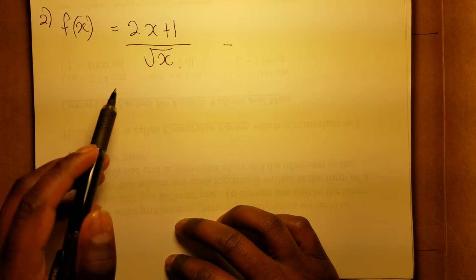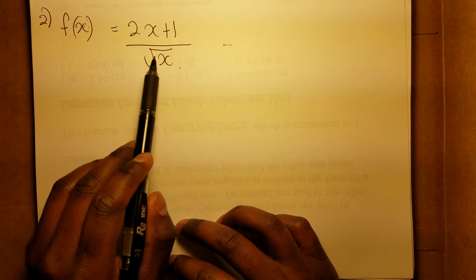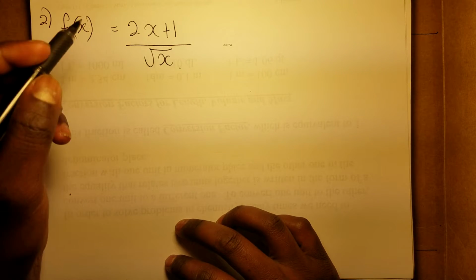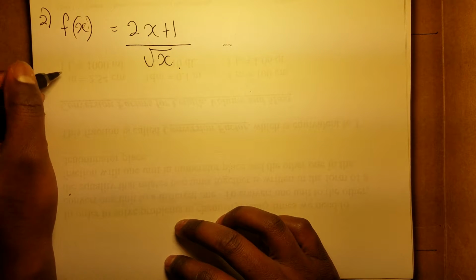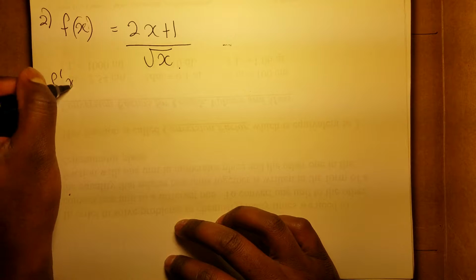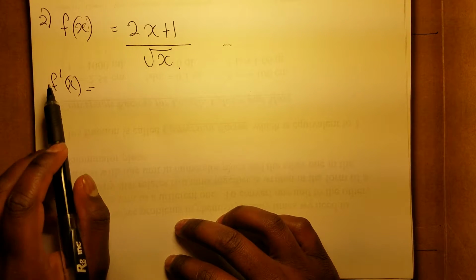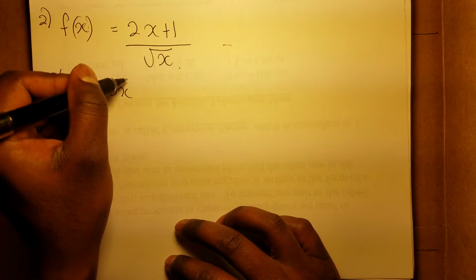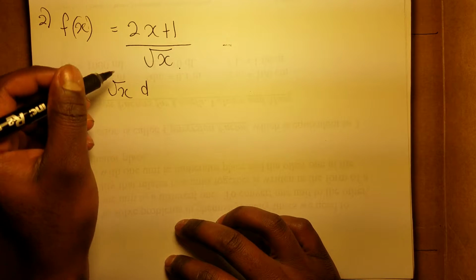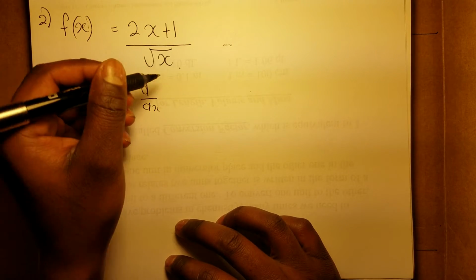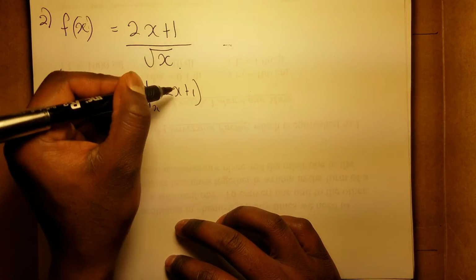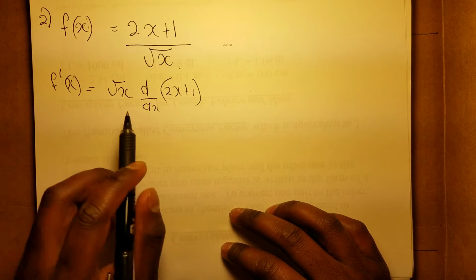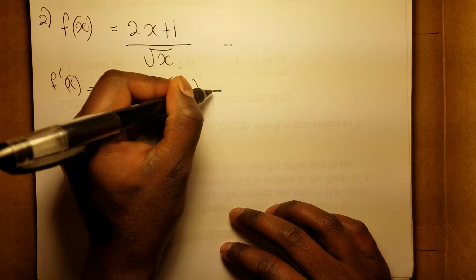So now you have this function. It's over something, so you can use the quotient rule. So if you use the quotient rule to find the derivative of this function, you get the first term, the bottom term times the derivative of the top function, minus.